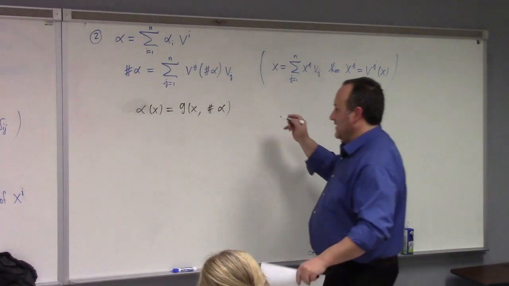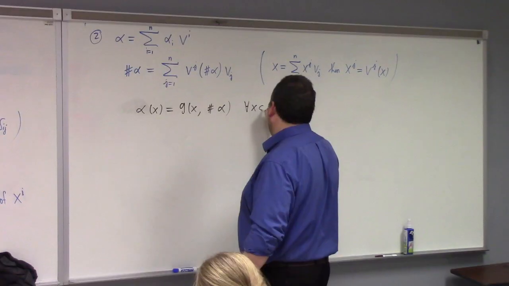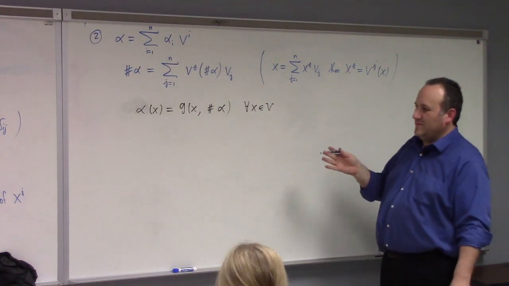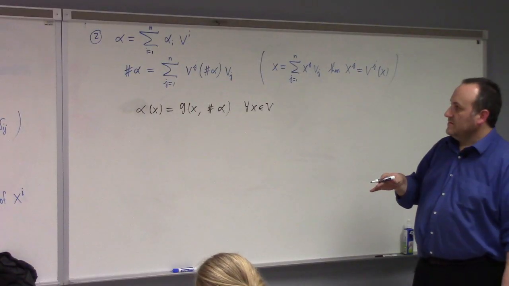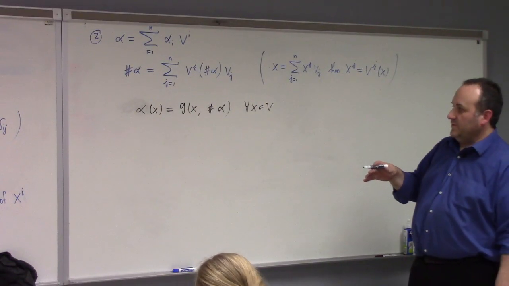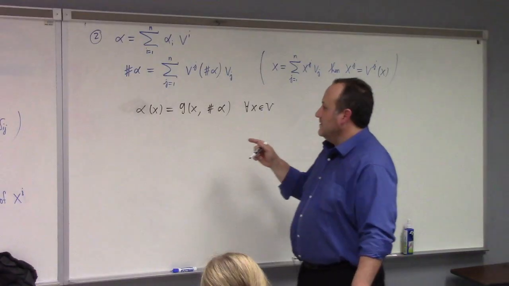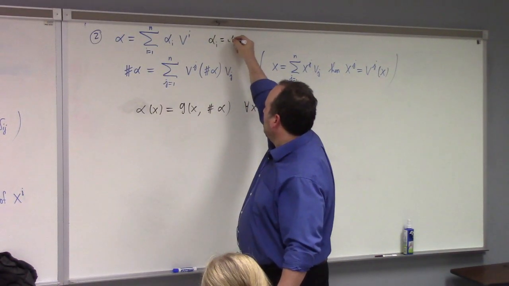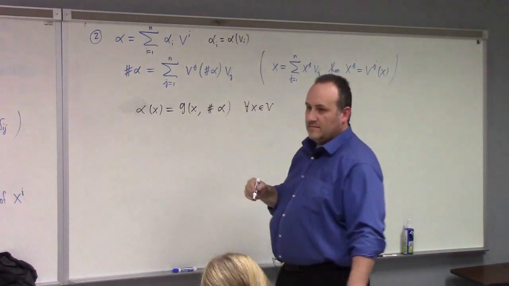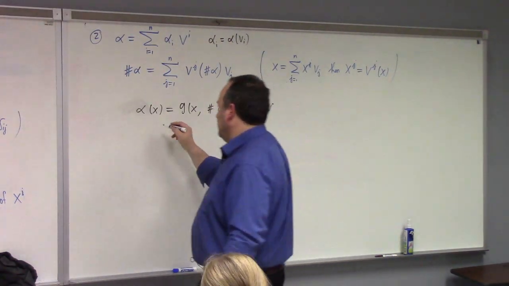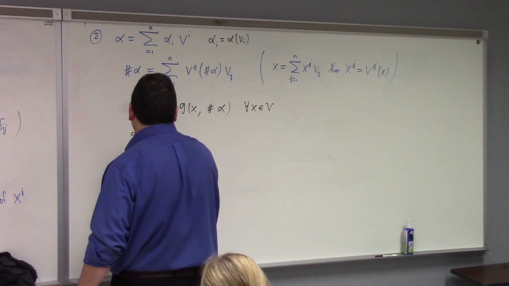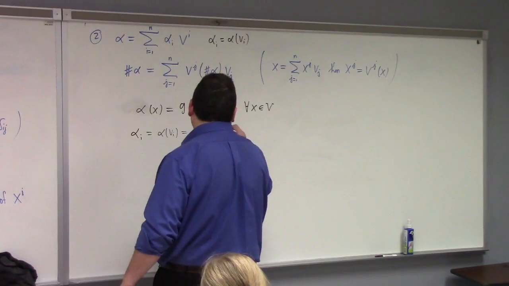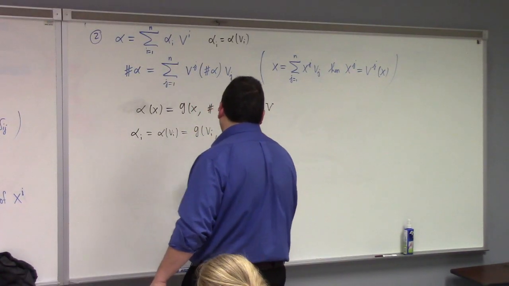This is true for all x. But to make the most of this equation, we should put in v_i. We know that alpha_i is alpha of v_i. So alpha_i is equal to alpha of v_i, but that's also equal to g of v_i with sharp alpha.